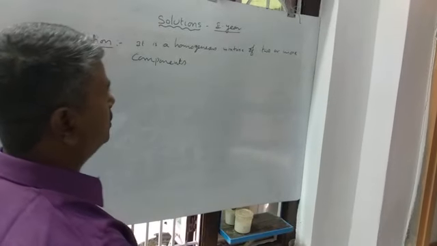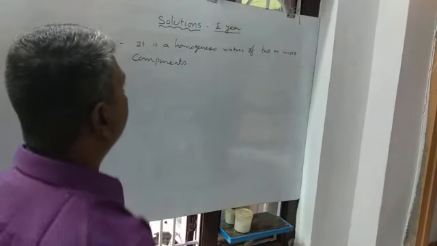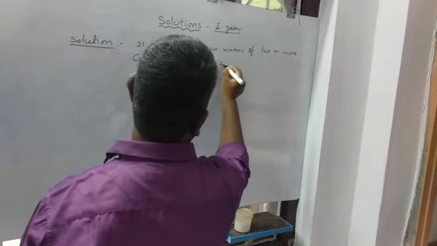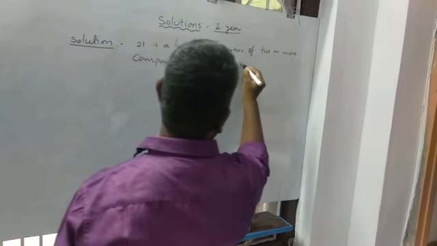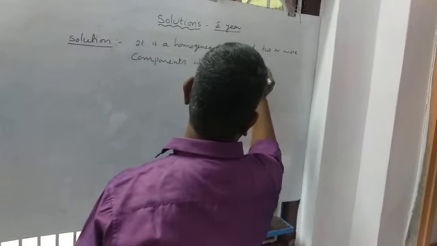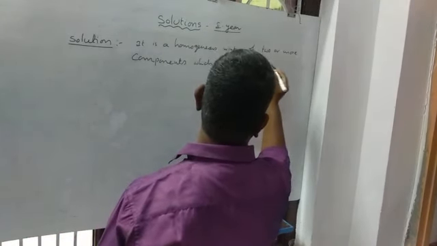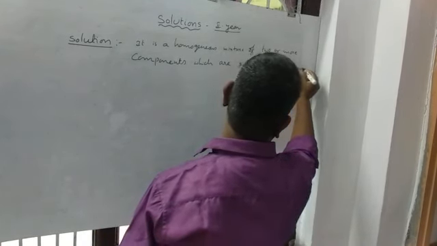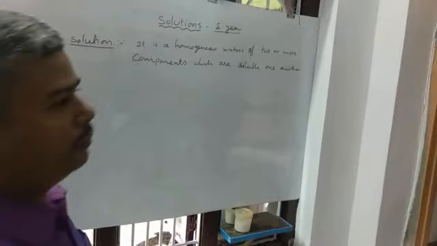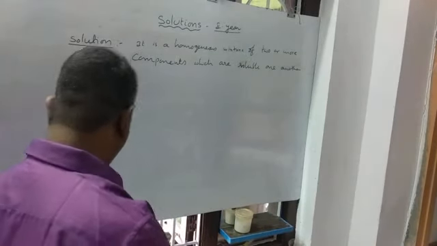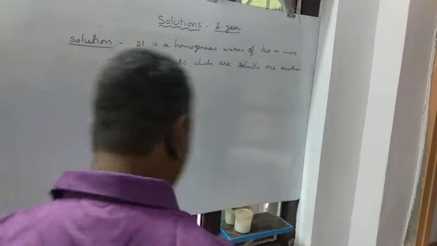It is a homogeneous mixture of two or more components which are soluble in one another. So here, observe, solution means it is a homogeneous mixture.